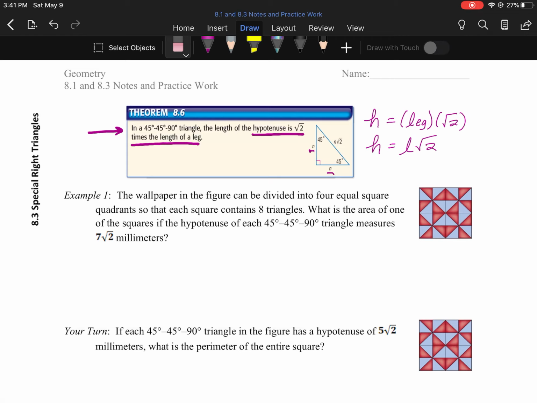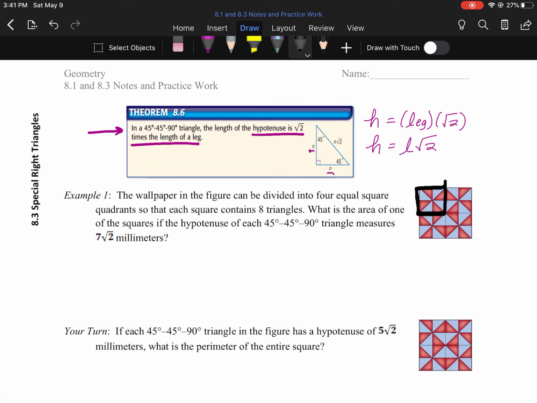So this is going to be multi-step. They want the area of one of the squares. All right, so here's one of the squares that they want the area of. We first have to find the area of one of those little triangles because that's what they're talking about.